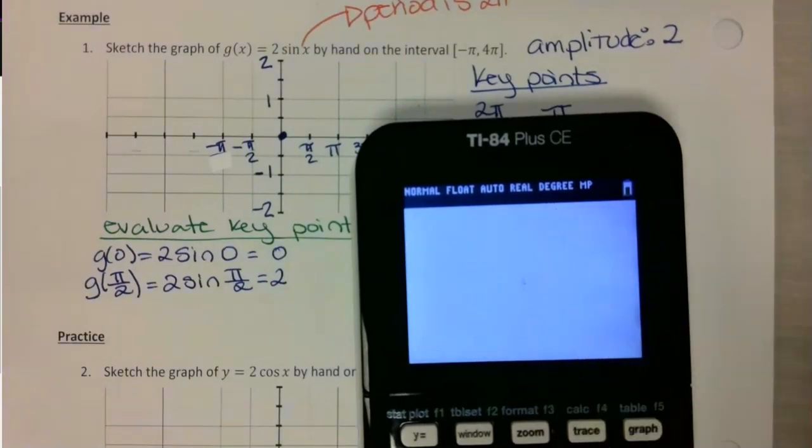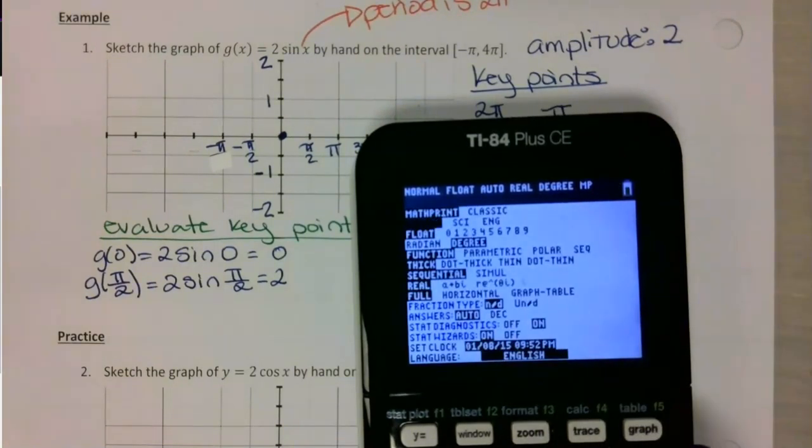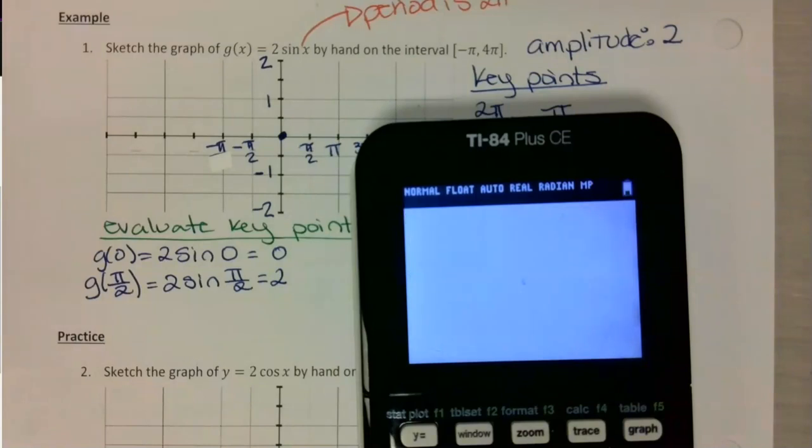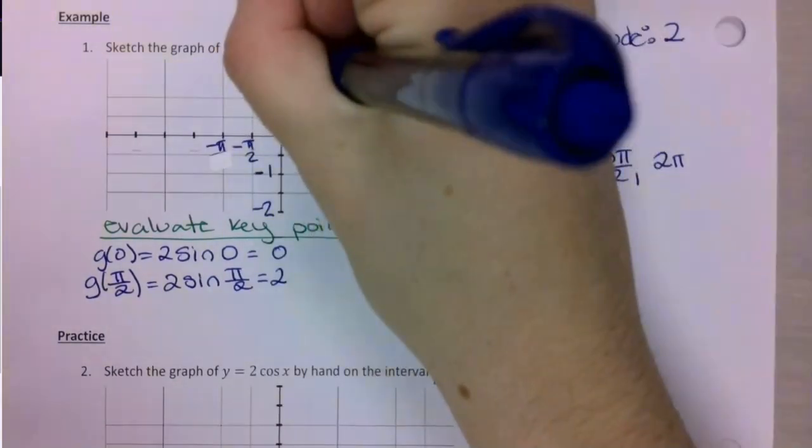This one is currently in degrees, so I go mode, and then I scroll down to radians, press enter. If I'm on an older calculator, I just need to manually check. And then I type in 2 sine, and then I type in my pi halves, which gets me 2. Okay. So I want to go to pi halves and plot a point at 2.